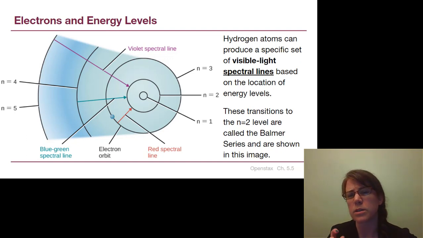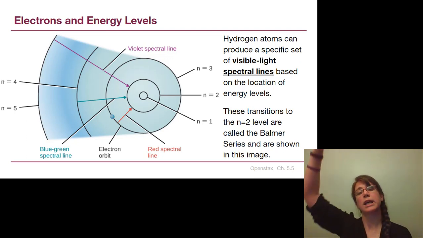Now something key here. n=1, the smallest circle drawn, is still not in the nucleus. The nucleus would be a tiny, tiny dot right in the middle of this picture. n=1 is the ground state. And what we're looking at with our little colored arrows, red, blue, green, and violet, are jumps from higher energy levels to n=2.